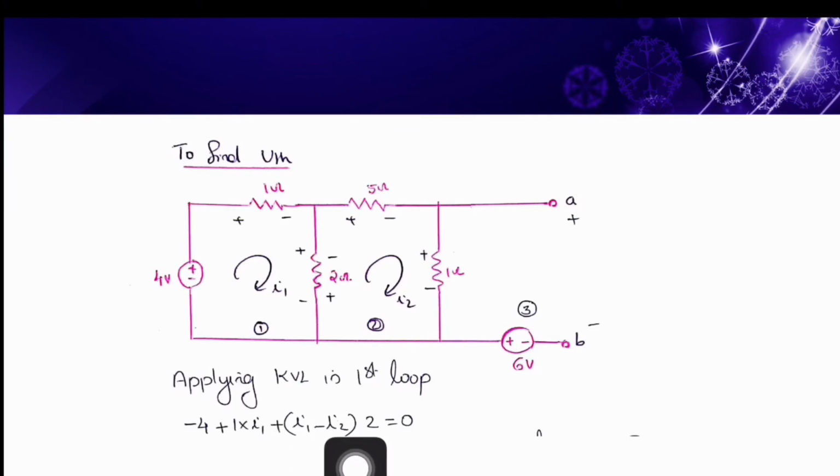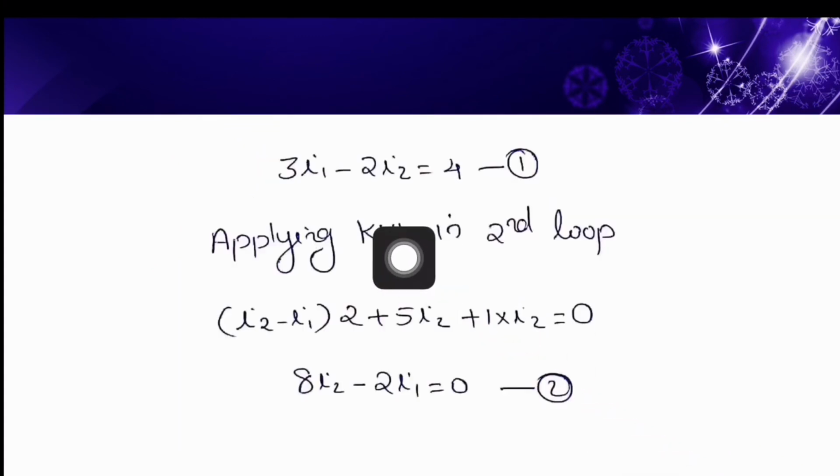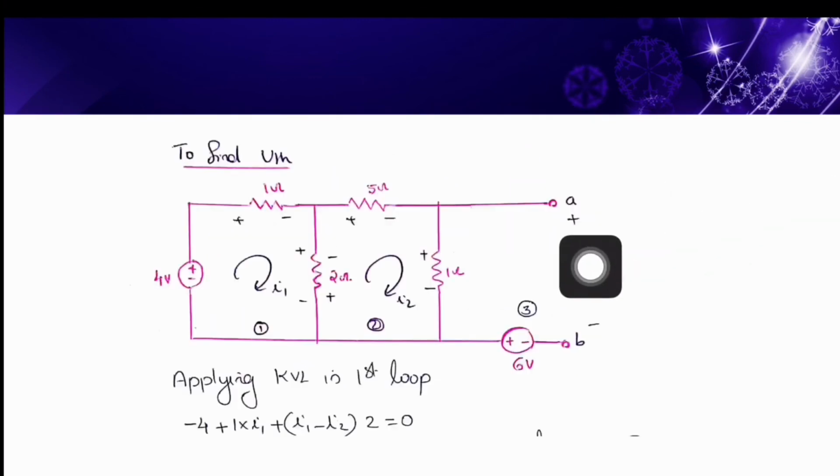So we get minus 4 plus I1 plus I1 minus I2 into 2 is equal to 0. Then by rearranging these terms we get 3I1 minus 2I2 is equal to 4, which is labeled as equation number 1.